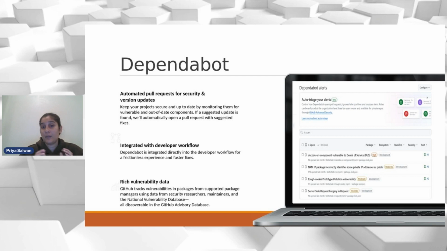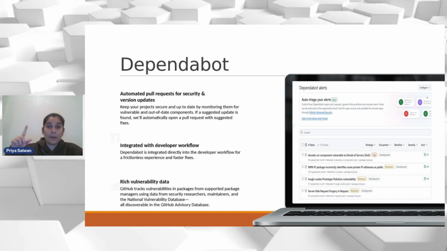You have the dependencies, direct and transitive. Direct would be the dependencies that your repositories rely on, and the indirect would be the transitive ones. It will have automated pull requests for security and version updates, so you will be able to keep your projects secure and up to date by constantly monitoring them.